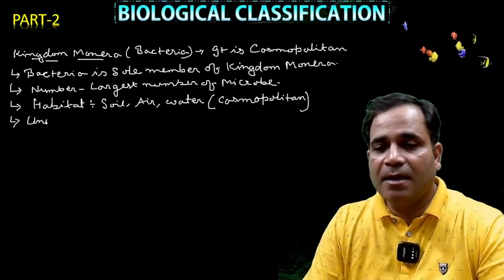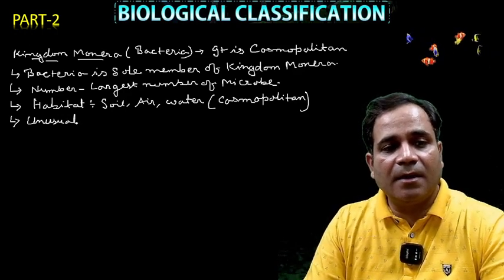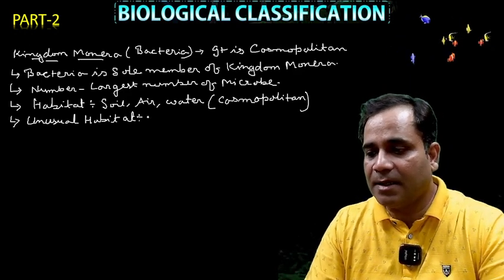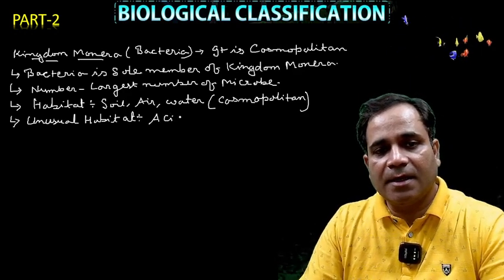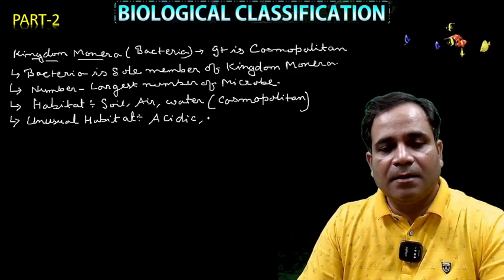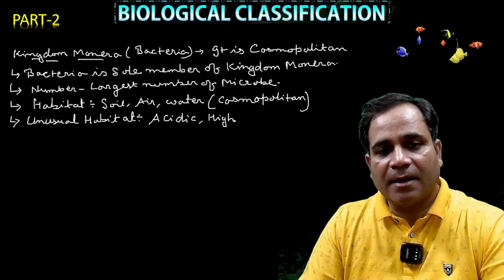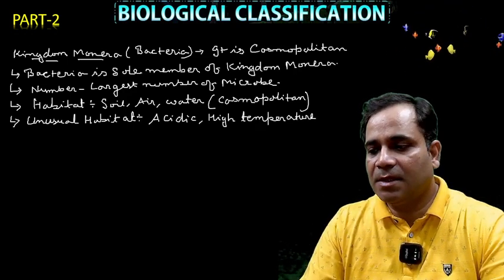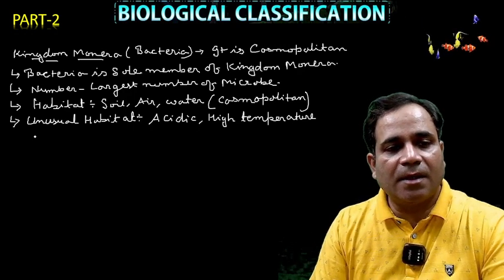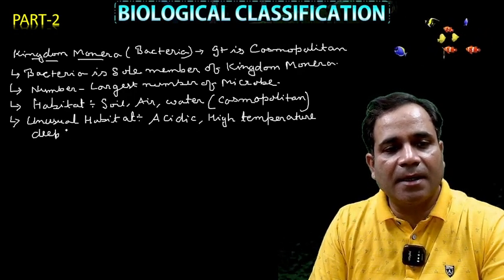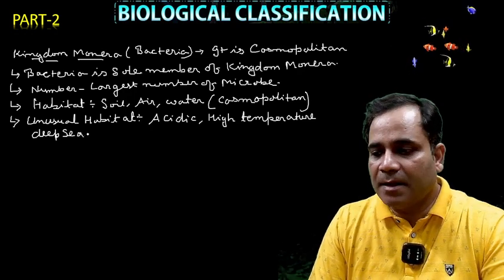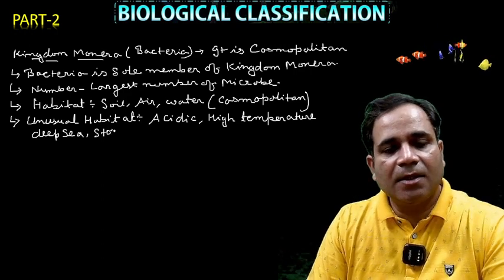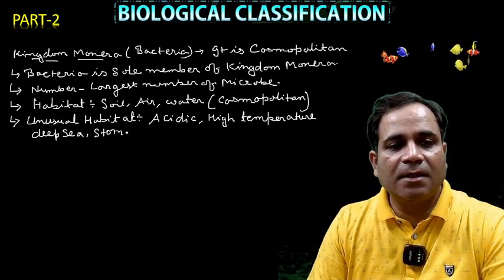What I'm writing here: unusual habitat. If I'm writing unusual habitat, then where is bacteria found? In acidic medium, as well as high temperature, clear, as well as deep sea, my dear, गहरे समुद्र में भी मिलेगा, deep sea also, even the stomach of ruminant animals, that is herbivorous animals.